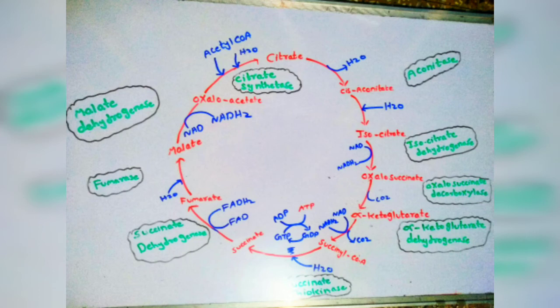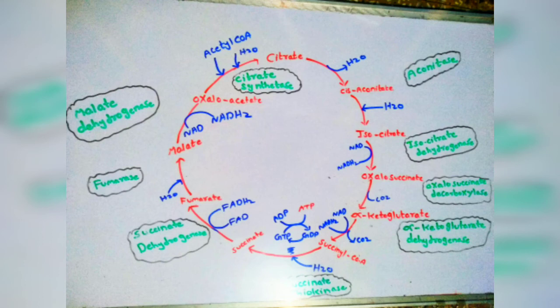Since guanosine triphosphate is an unstable compound, it is immediately converted into adenosine triphosphate, that is ATP. So from succinyl CoA to succinate there is formation of 1 ATP, and the enzyme involved in this reaction is succinate thiokinase.